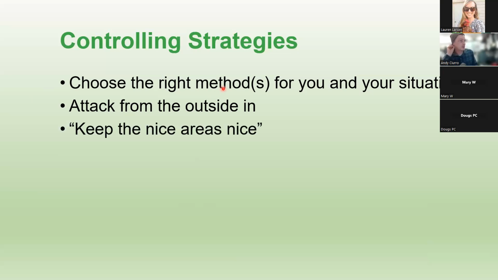Keep the nice areas nice, that should be a priority for you. No use in trying to go head first at the worst of it, because if you do that, you're gonna run out of steam pretty fast, and your nice areas are gonna become those bad areas pretty quickly.